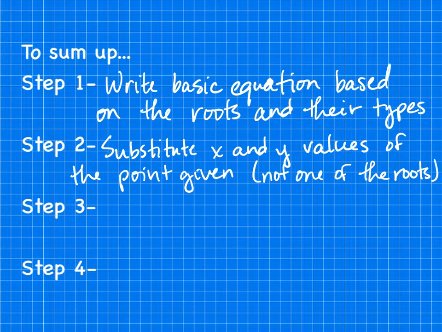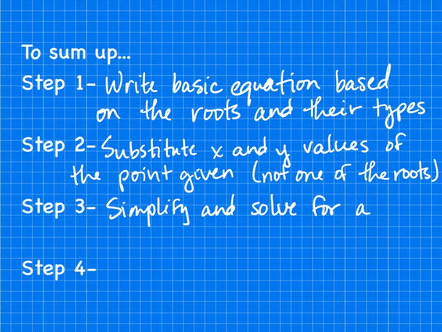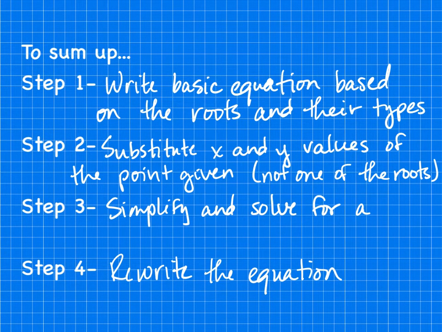Make sure that that's not one of your roots, because that will just make everything 0. The third step is to simplify and solve for a. And then your final step is to write your equation with your a value and your basic equation. So just rewrite the equation. So those are the basic steps. And really it just takes some practice, and it's not too tough.